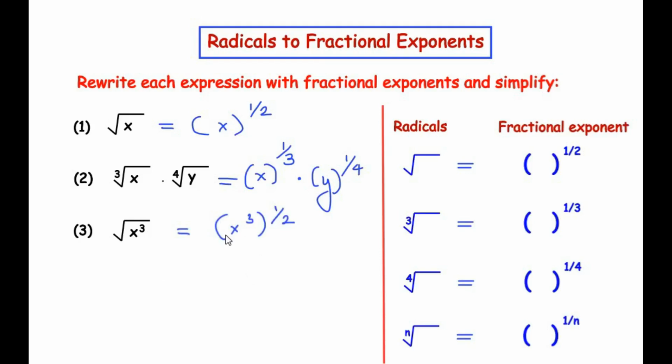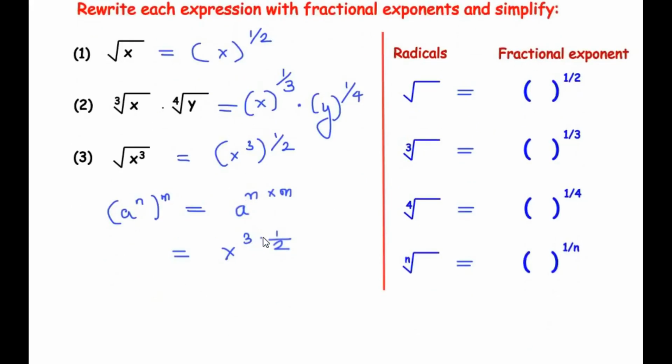Now here we have this in the form of a to the power of n to the power of m. So using the laws of indices, if we have two powers like this, it's going to get simplified as the multiplication of powers, that is n times m. So here x to the power of 3 to the power of 1 over 2 simply simplifies as x to the power of 3 times 1 over 2.